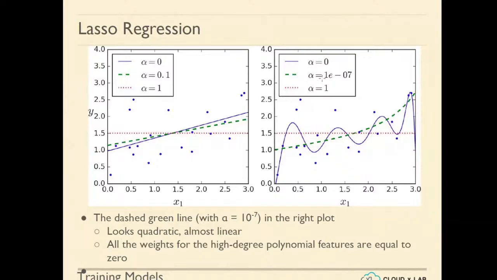If alpha value is a moderate value, let's say 10 raised to power minus 7, then we will get a smooth graph, right? Because now it will focus on both terms, right? The original MSE loss plus the regularization term.